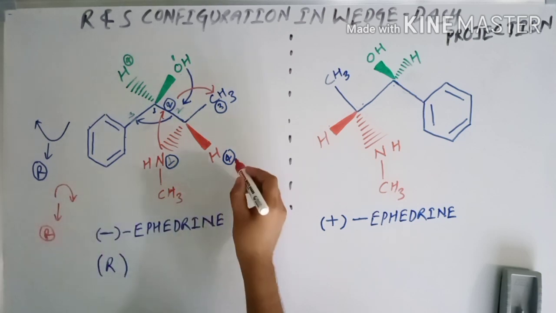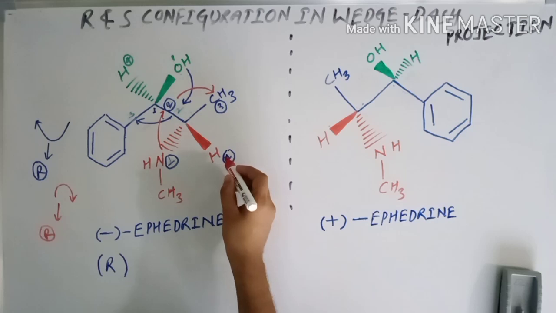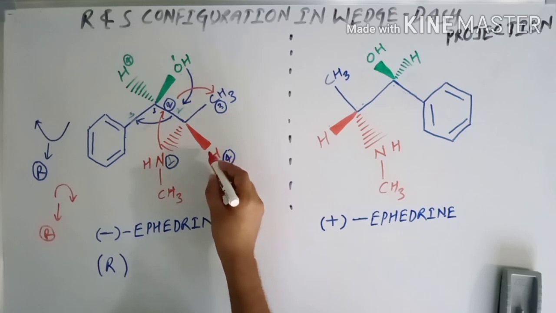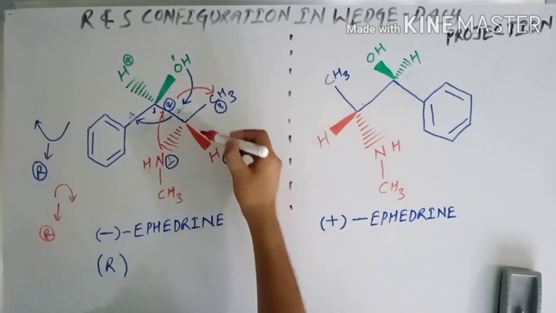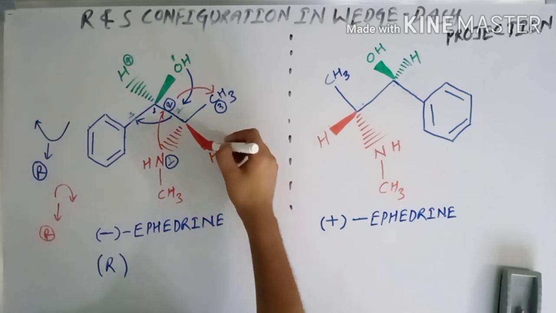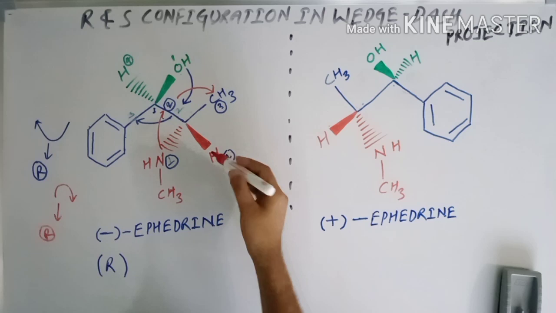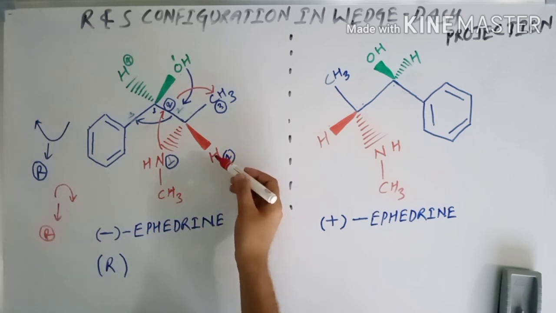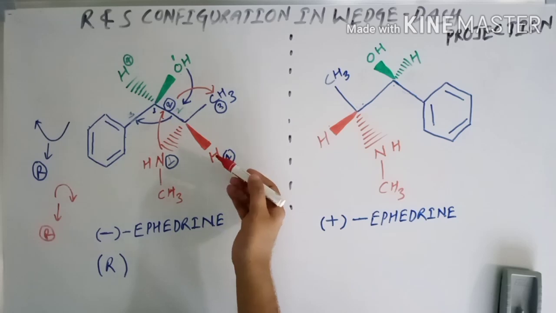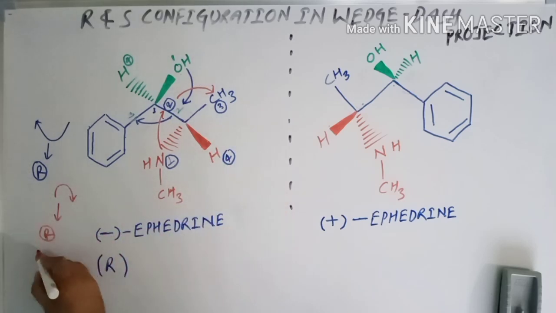Now we have to look at the fourth priority, lowest priority atom. Lowest priority group is here hydrogen, and the position of hydrogen is here what? It is connected by a wedge-like structure or wedge line. So the wedge line is above the plane. So if the lowest priority group is present above the plane, the configuration flips or changes.